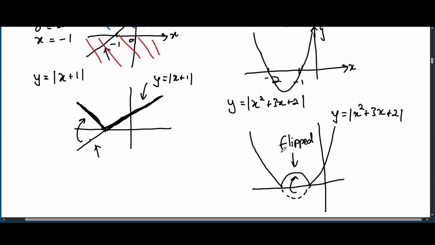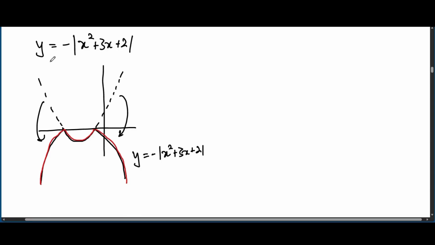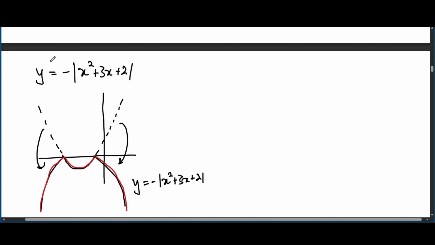The negative part will be flipped into the positive part, or if it's an always negative graph, with the negative in front of the absolute value, the positive part will be flipped into the negative part. By doing this, a lot of weird shapes will be created using the absolute value for non-linear graphs.